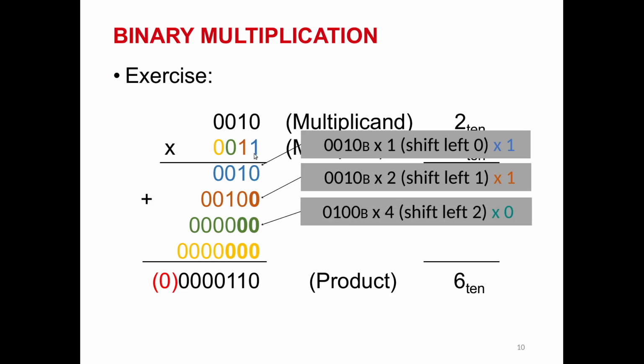And finally, for the last bit, bit 3 in the multiplier, the value of this bit is 0, and so when 0 is multiplied with this multiplicand, we have 0 located here, and if we add it together with the product, we still keep the product value of 6.